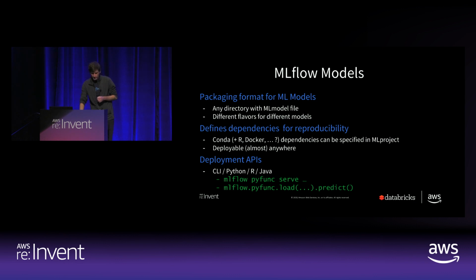Similar to projects, we define dependencies by using the same tools, so Conda and R dependencies, and in the future Docker. And similar to projects, we include APIs to deploy the models, right? And we have, again, APIs for CLI, Python, R, and Java.